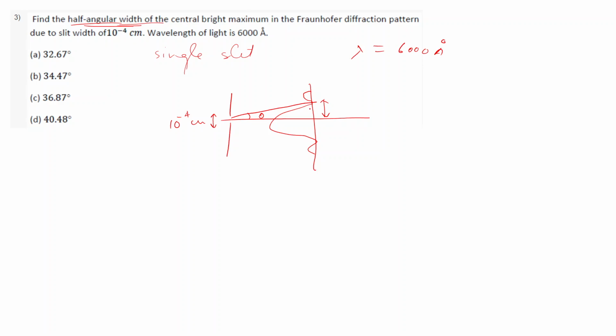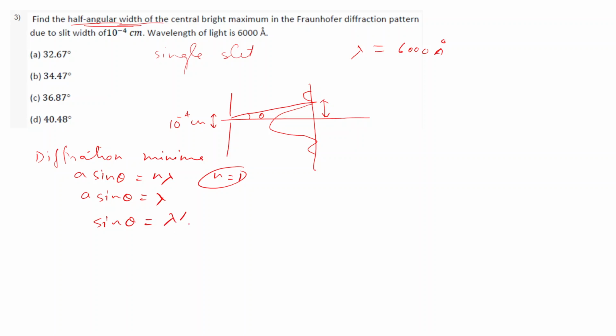We'll use the diffraction minima condition, which says a sine theta is equal to n lambda, and for first minima n will be 1, then a sine theta is equal to lambda, and sine theta will be lambda by a.